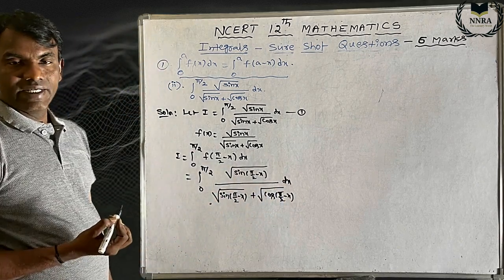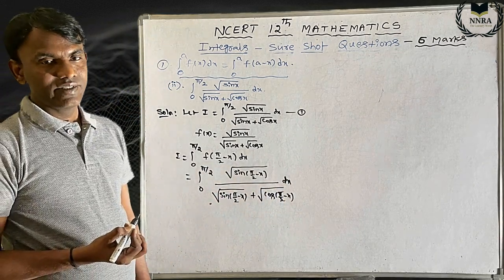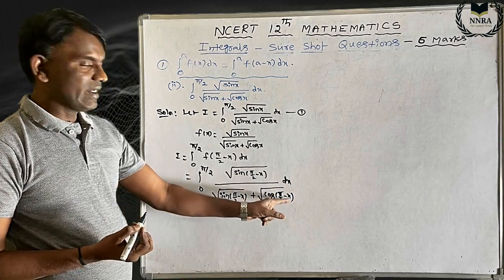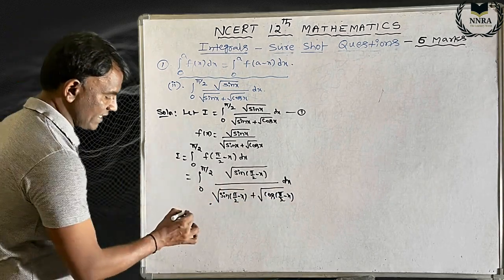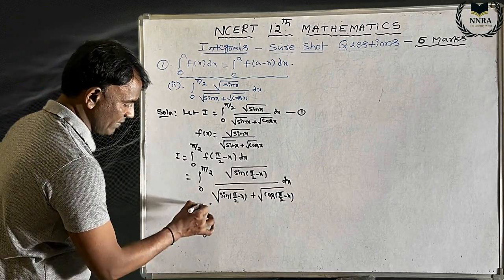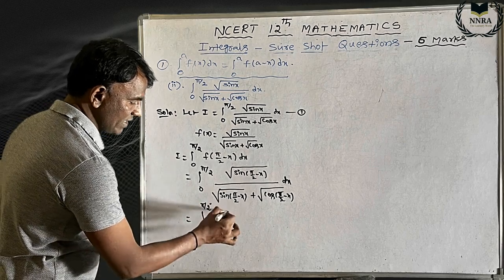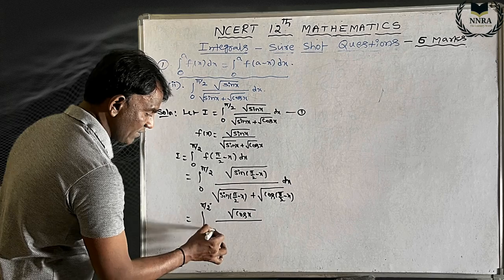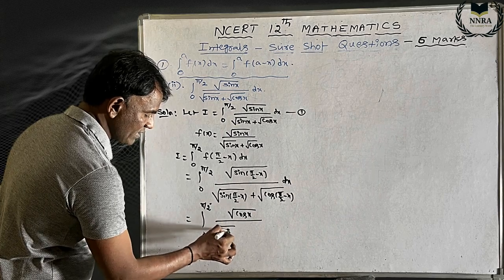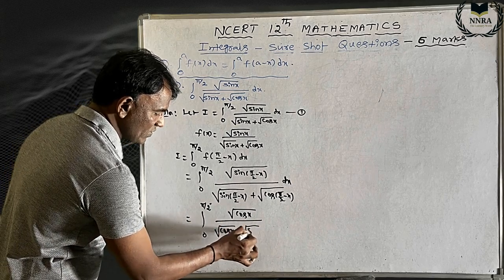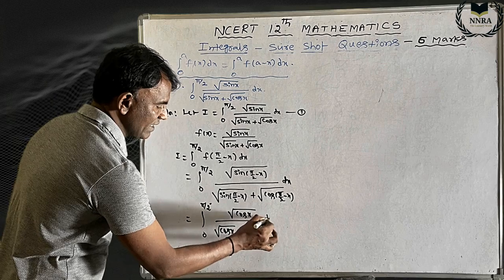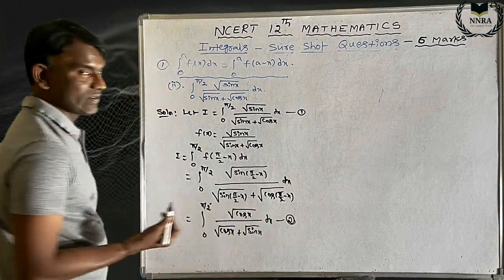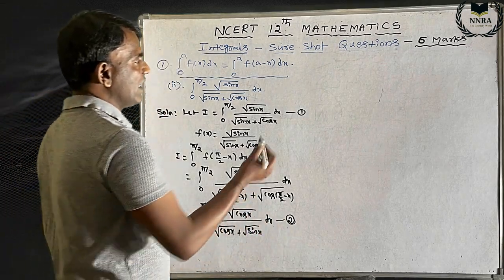So sin of 90 minus x is cos x, cos of 90 minus x is sin x. Then how to write it? Integral 0 to pi by 2, square root of cos x, and in the denominator, first term is root of cos x, second term is root of sin x, then dx. This is equation number 2.